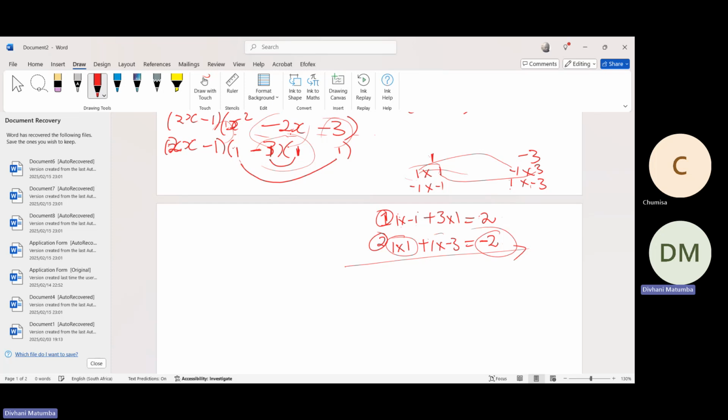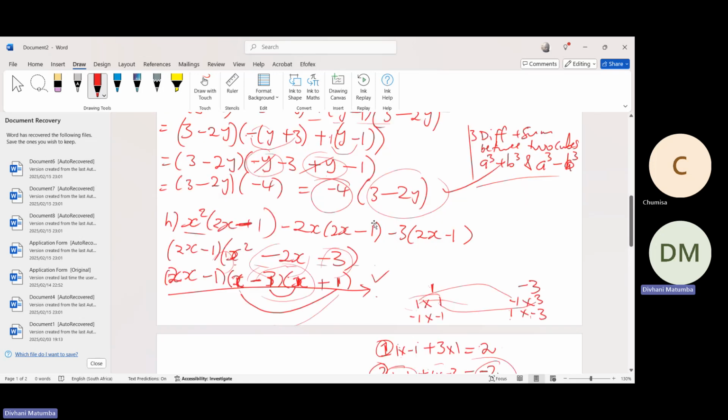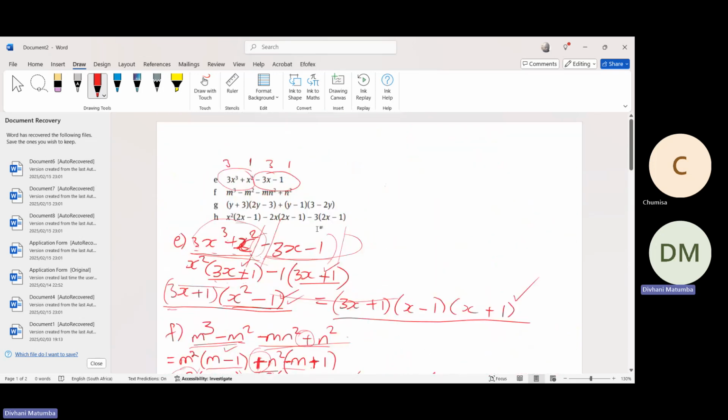These are the two pairs. However, this is 1x, so this will be your x, and this will be your x, and your 1 is a plus 1. So these are your factors. Do we have any further factorization needed? No, sir. Okay, that's perfect. So that's about it.